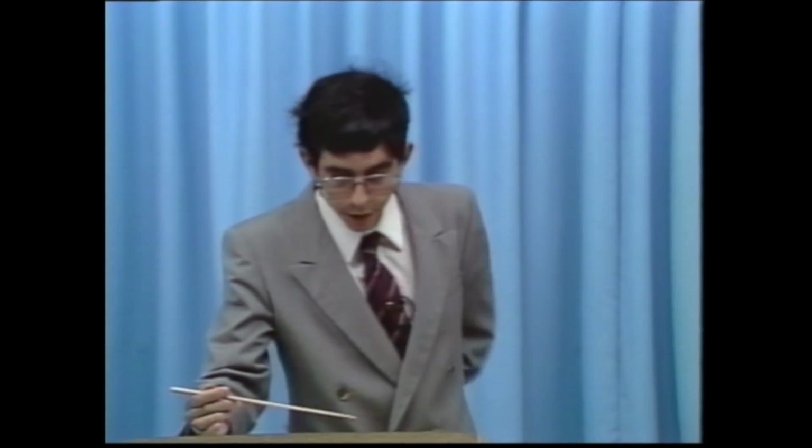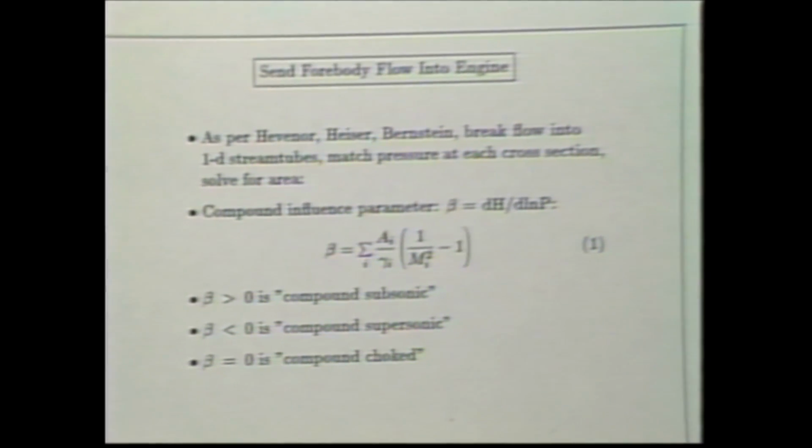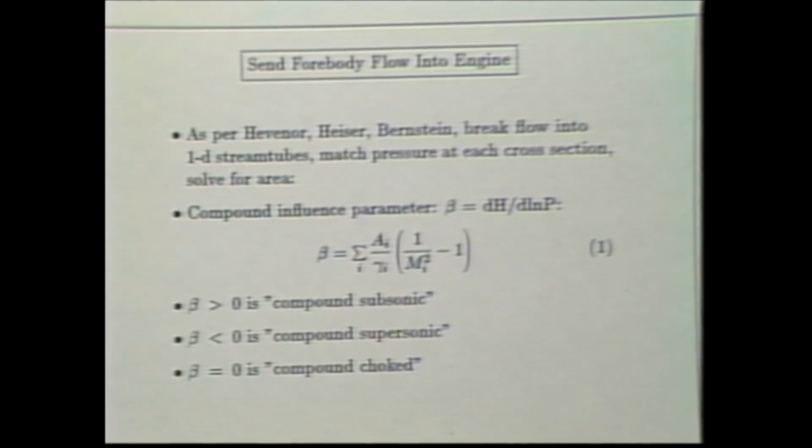That doesn't work in the hypersonic flow. And you can see that very clearly from some work that was done by 3 gentlemen in the 60s. Heavener, Heiser, and Bernstein were looking at mixing of different stream tubes in relation to subsonic engines. They were interested in the flow coming out the back of high bypass turbofans.